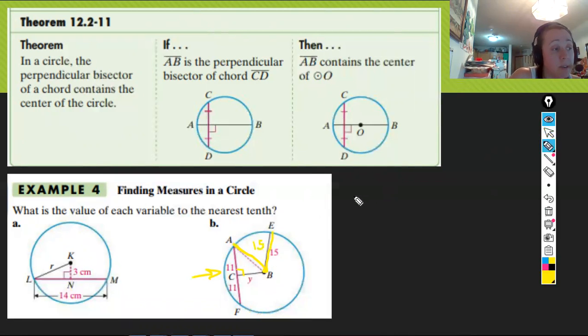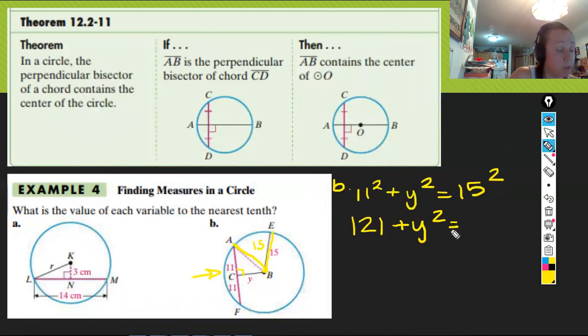And then again, it's another Pythagorean theorem. We're going 11 squared plus y squared equals 15 squared. And this is B. So we get 121 plus y squared equals 225. We're going to subtract that 121.